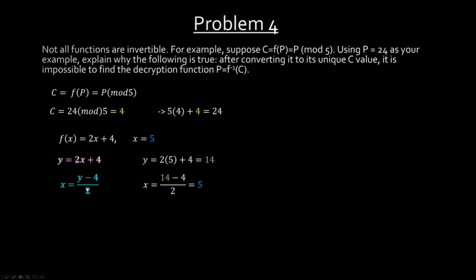Now, the problem when we return to p mod 5 is that it's not the same as this situation where there's a one-to-one relationship. And that's a big problem because, as we can see here, when you get a remainder of 4, there are multiple, actually infinite numbers that can give you that remainder 4 when you perform the modulo operation on them.